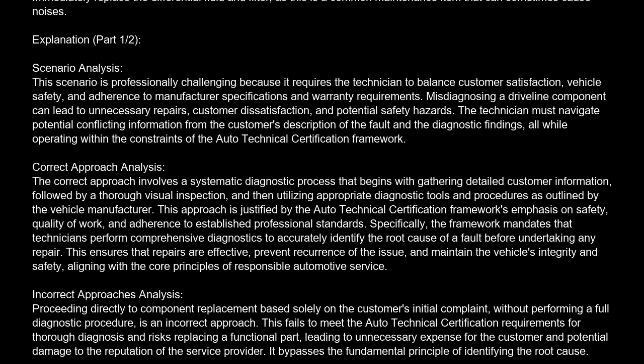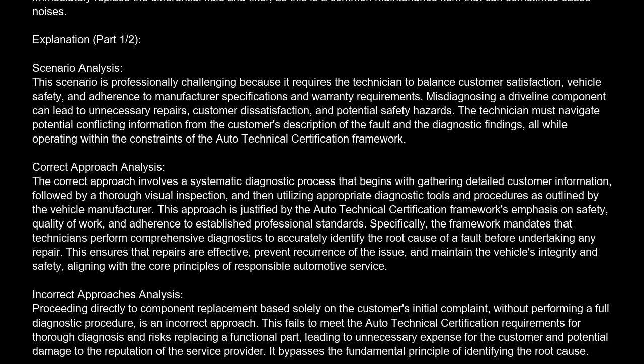Specifically, the framework mandates that technicians perform comprehensive diagnostics to accurately identify the root cause of a fault before undertaking any repair. This ensures that repairs are effective, prevent recurrence of the issue, and maintain the vehicle's integrity and safety, aligning with the core principles of responsible automotive service.